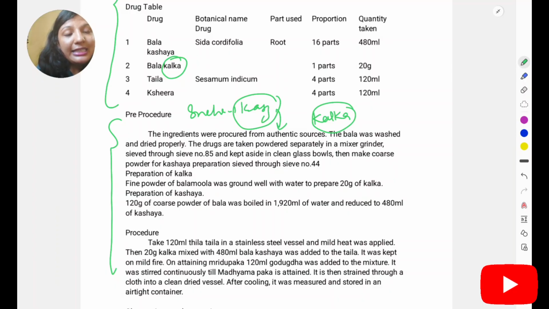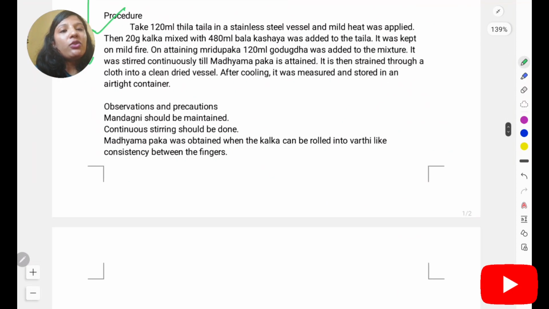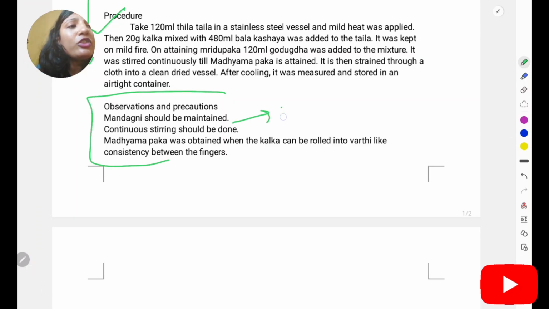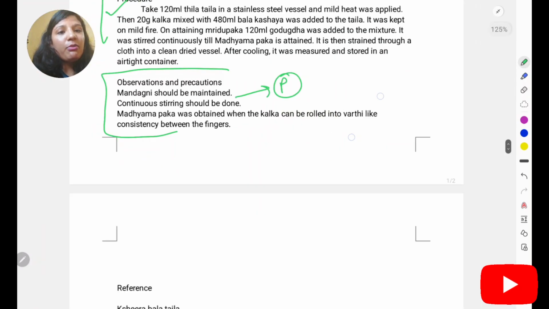After collecting all these things you can start your main procedure, and after that procedure you can write your observation and precaution. So again this is mainly for the practical exam, but in your theory paper you can also write it if you remember this point.